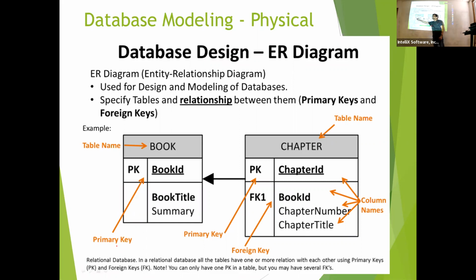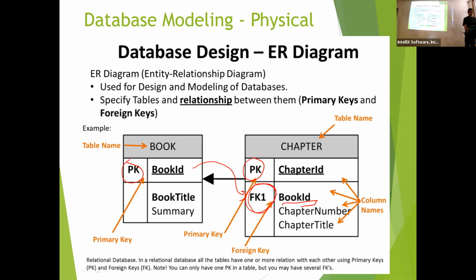So you see the primary key symbol here, which is a PK. Now there is an FK symbol. When you carry the book ID to the child or related table, it belongs to this table now.